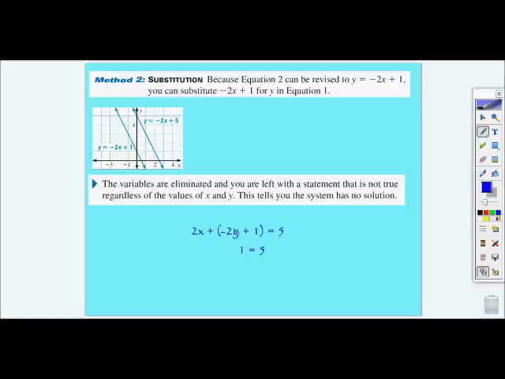However, I did just notice this should be 2x, -2x plus y. We end up with 2x plus a -2x eliminates our variables, and 1 does not equal 5. This tells you there are no solutions.